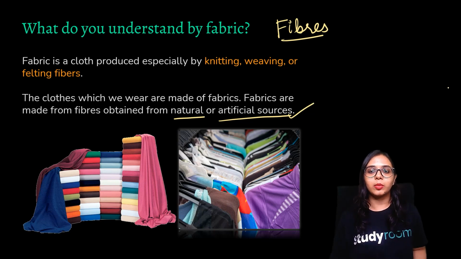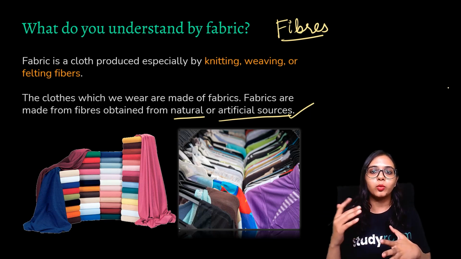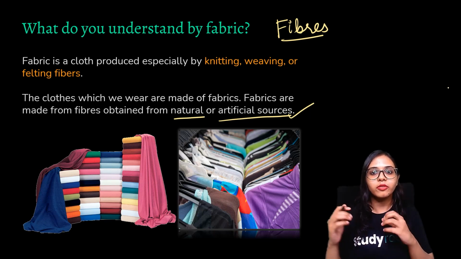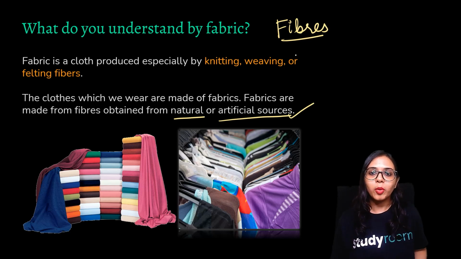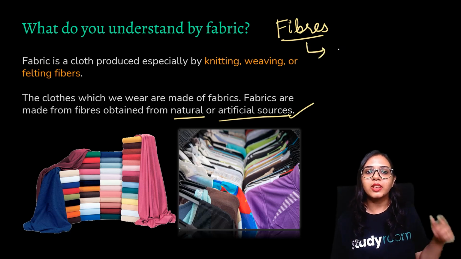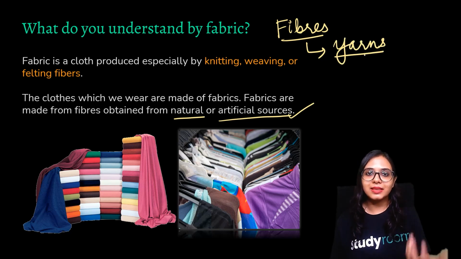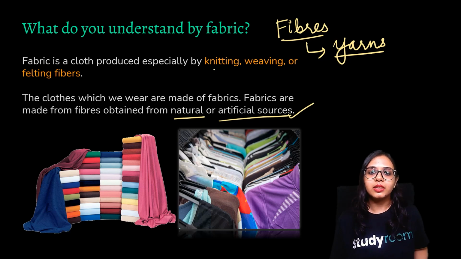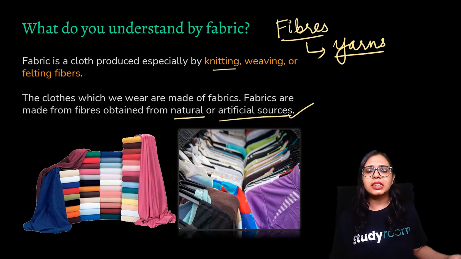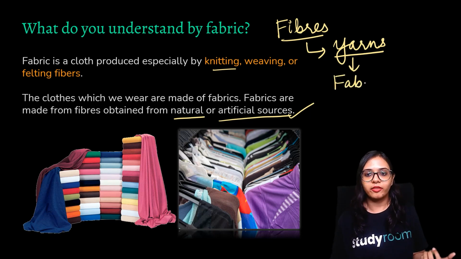When we get that fiber, that small thread-like substance, then what do we do? We accumulate them, thousands, millions of fibers. And from those fibers, we make small interlocked pieces that are known as yarns. When these yarns are made, they are knitted, woven, felted, or processed in many other ways. And from those yarns, we are able to make fabric.